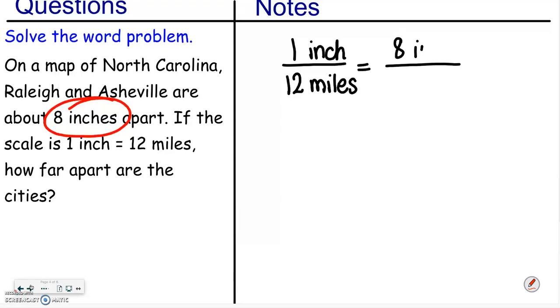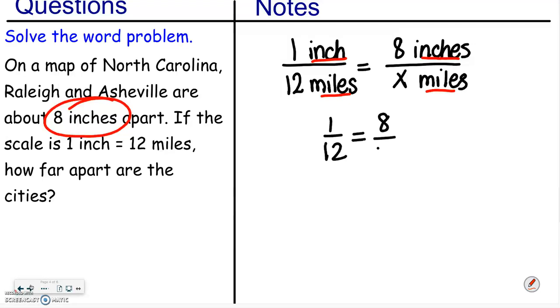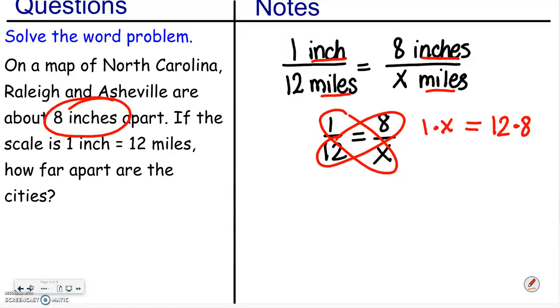So remember, we need to be consistent. So that means that 8 inches has to be on the top of the proportion so that these labels match. And then on the bottom, I need miles, and that's what we're looking for. So here's the proportion to solve, being consistent on both sides. So 1 over 12 equals 8 over x. 1 times x is equal to the other cross product, 12 times 8.